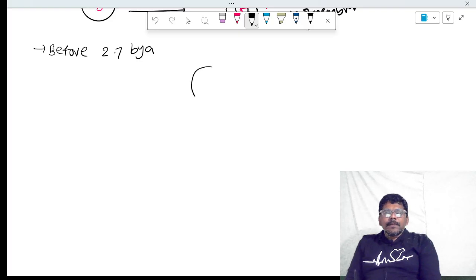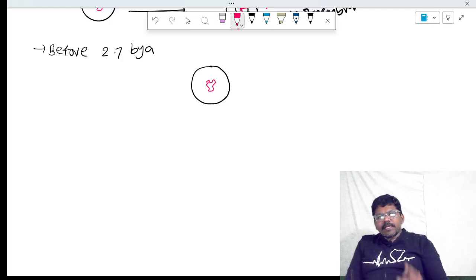This is the prokaryotic cell which was present on the earth then. There is no nucleus, only the nucleic acid is present, with no nuclear membrane surrounding the nucleic acid. This is a prokaryote.